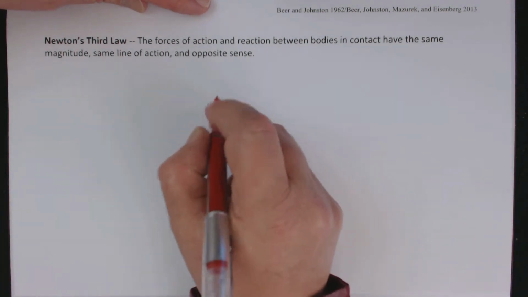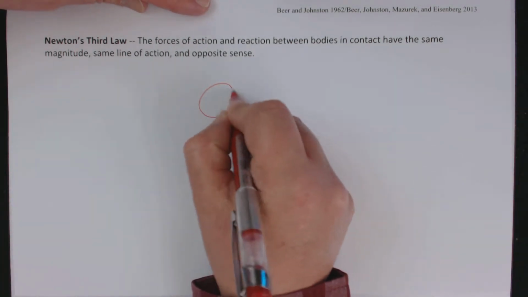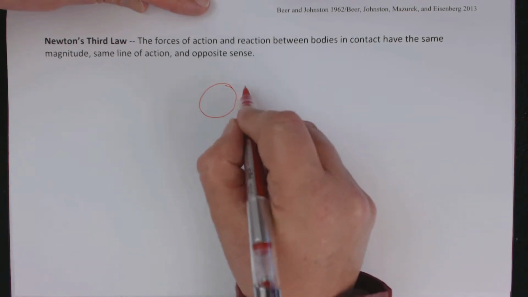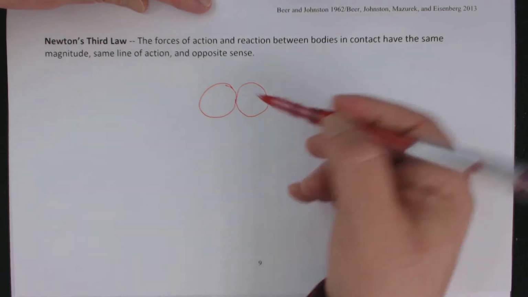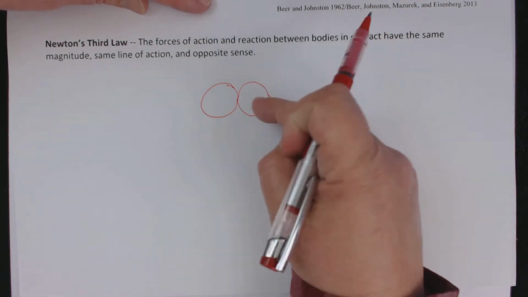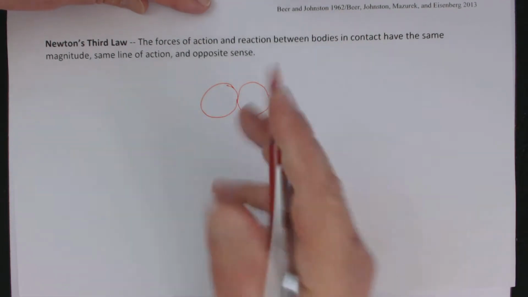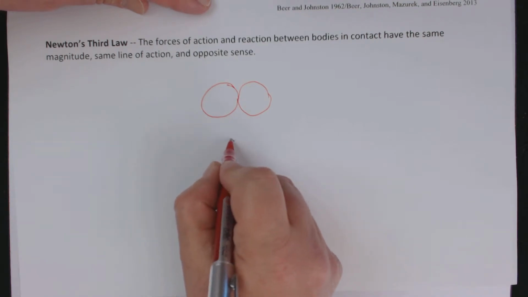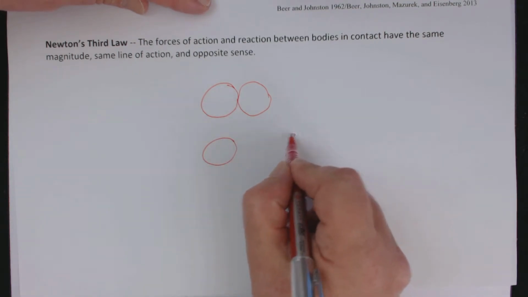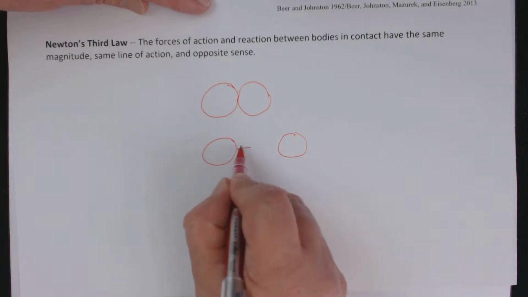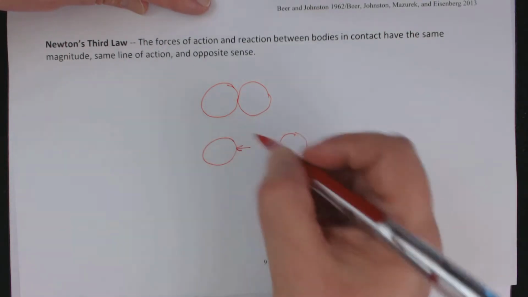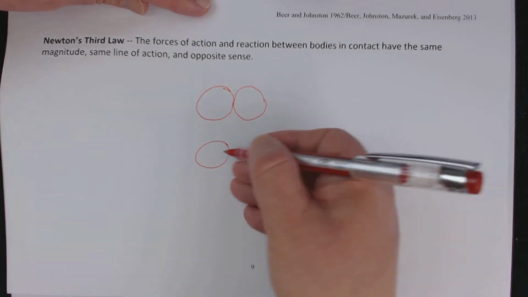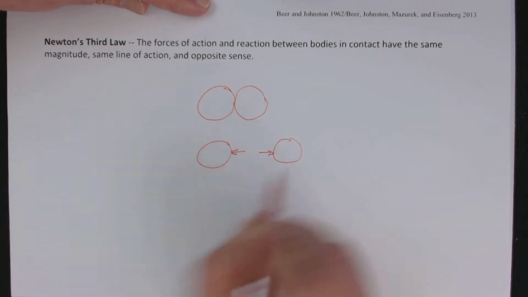What this law says is that if you have a body and the body bears against another body like that, so this guy is in contact with that guy, you can draw a free body diagram with the left piece, and if for whatever reason the force is transmitted, you'll have the force going to the left on this body and to the right on that body.